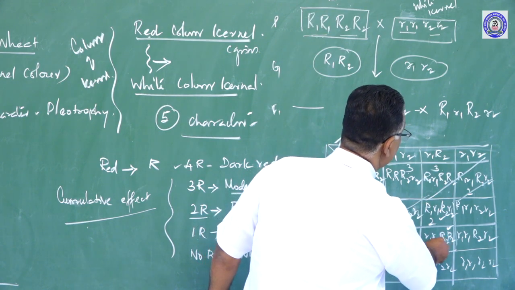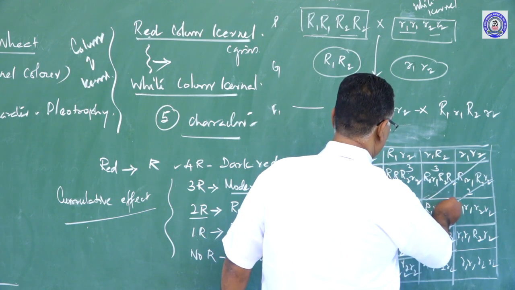These are 2 dominant genes, these are 2 dominant genes. Here there are 2 dominant genes, or 4.